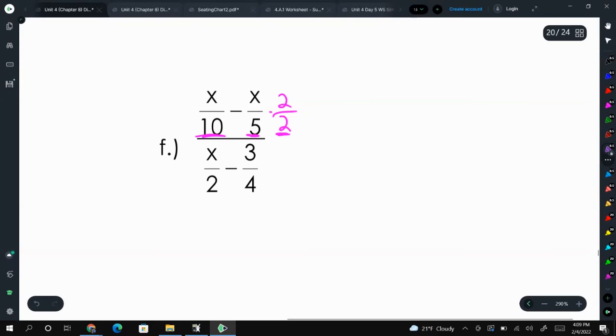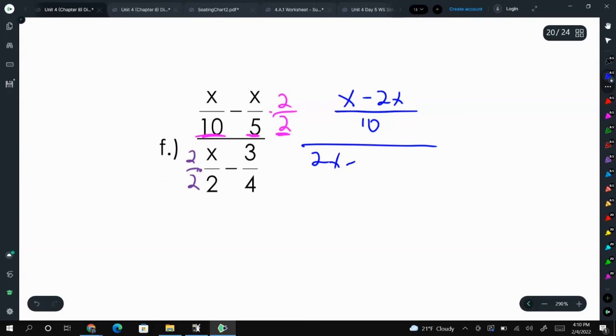And then my bottom fraction, multiply by 2 over 2, and that's going to give me 4 in the denominator of my bottom fraction, and that will allow me to then combine them as 1. So this is going to be x minus 2x over 10 over 2x minus 3 over 4.